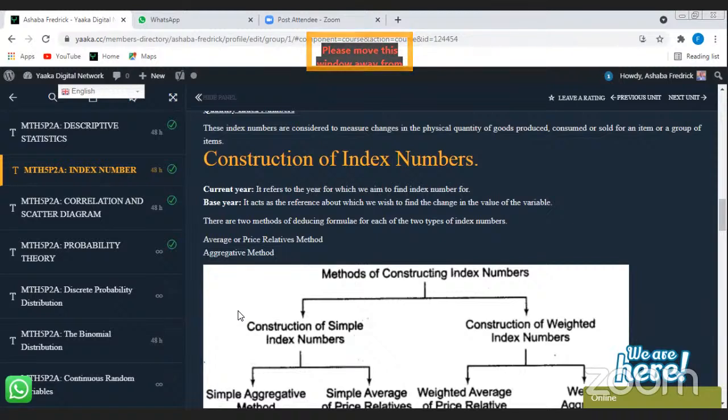The base year acts as a reference about which we wish to find the change in the value of the variable. So when we take a year like 2018 and we want to calculate our index numbers of 2020 based on 2018, the 2018 becomes the base year because it's what we are going to refer to.